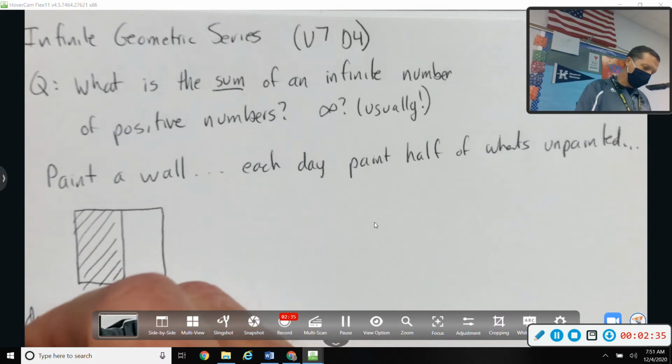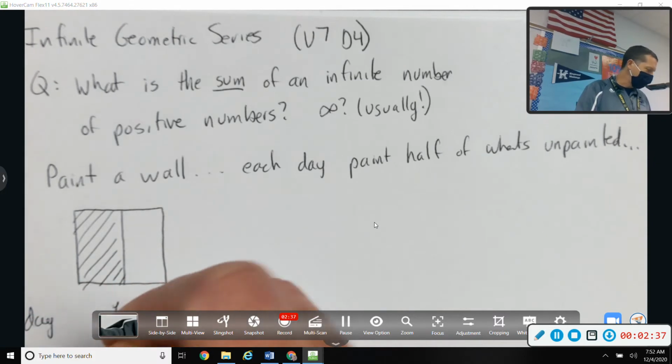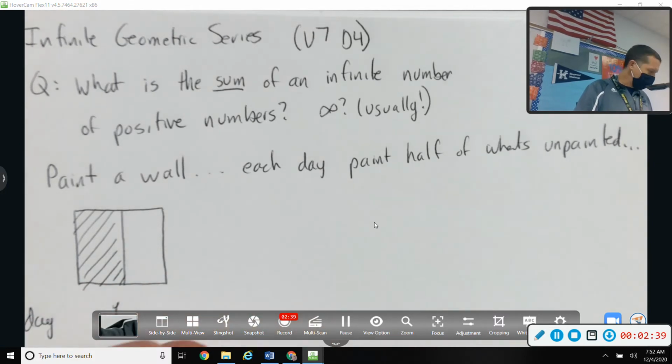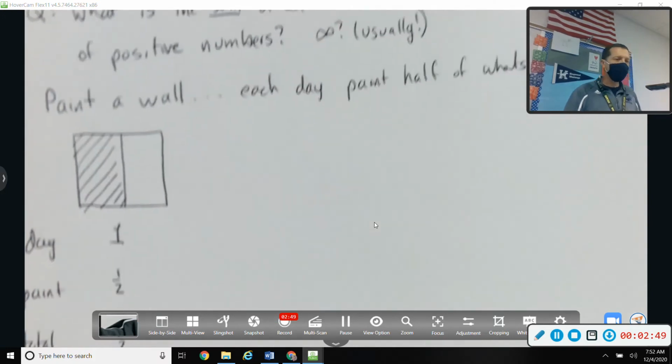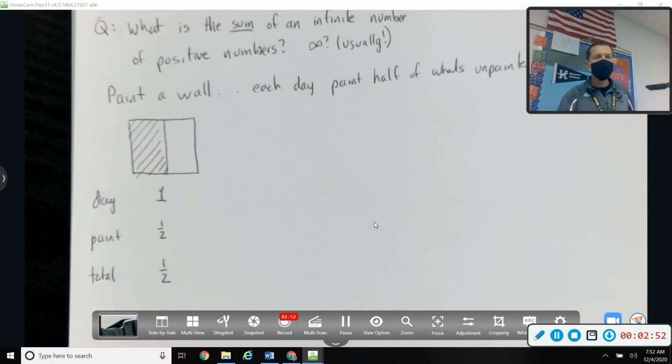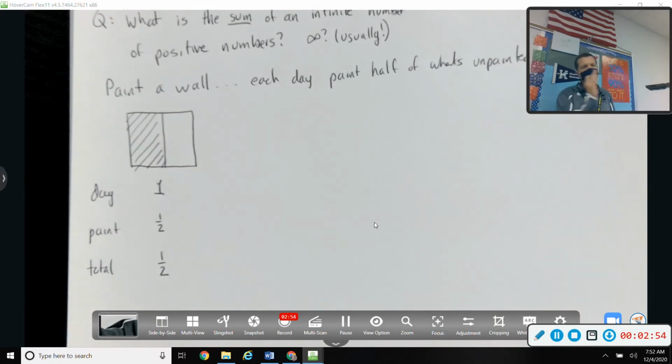So let's see if we'll get there or not. So there's the end of day 1. Here's how much. So we painted a half. And that means the total wall, we've painted half the wall. Oops, put that where you can see it. So we're kind of set up a table here. Day 1, day 2, and so on.